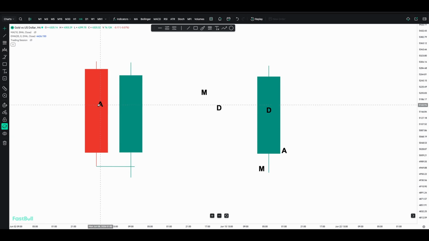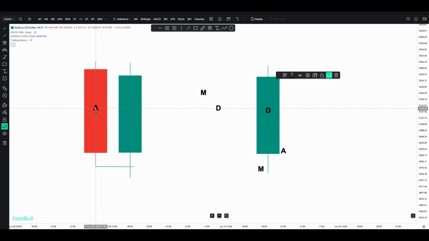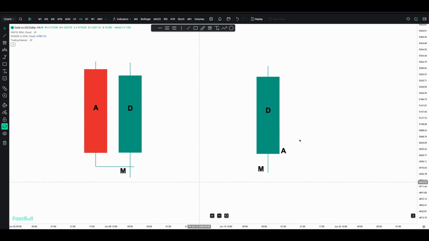The next candle here will create the manipulation, which is this liquidity grab here, and then it distributes through that candle. So you can have two candles creating the AMD pattern, and you can also have one candle creating the AMD pattern.